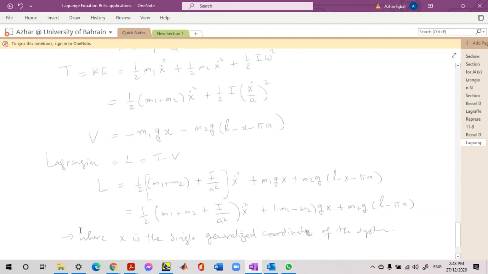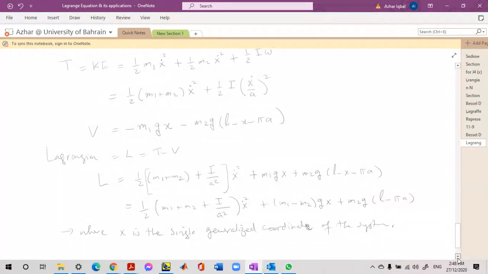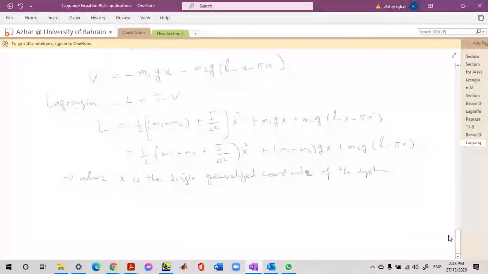Now the Lagrange equation can be written as d over dt of partial L over partial x dot is equal to partial L over partial x, because this is the only coordinate.